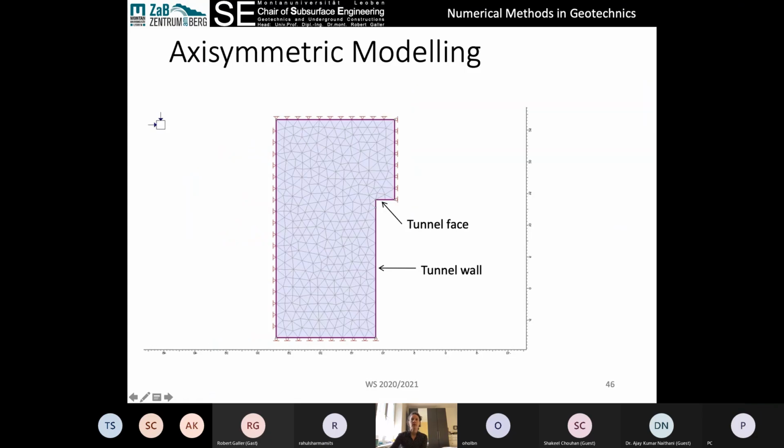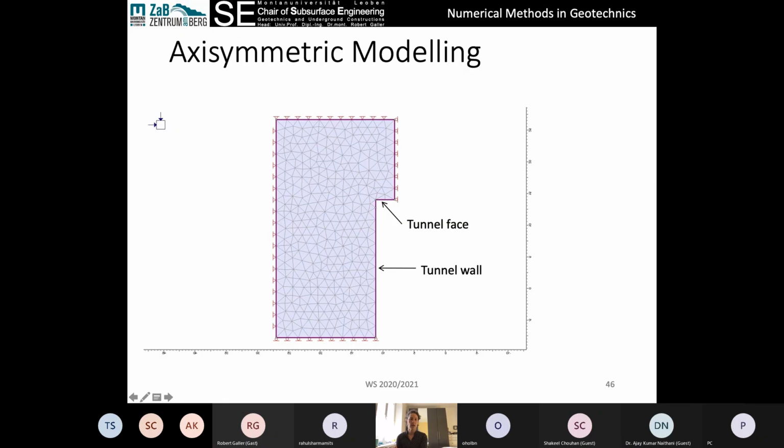And when we set up our axisymmetric model in numerical modeling software, we have this L-shaped model where this is the tunnel face and this is the tunnel wall. So it's a little bit unintuitive in terms of how it represents the tunnel, but this allows us to see the deformations in the face and the deformations in the tunnel wall.